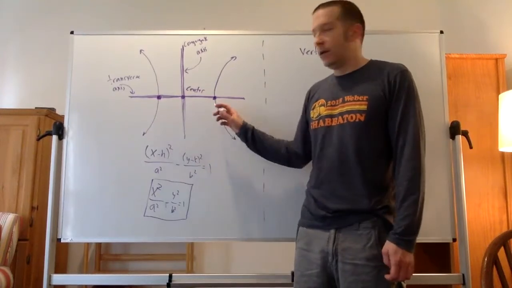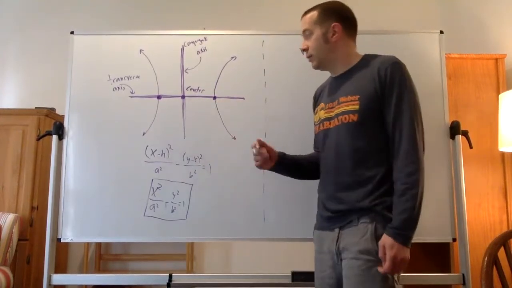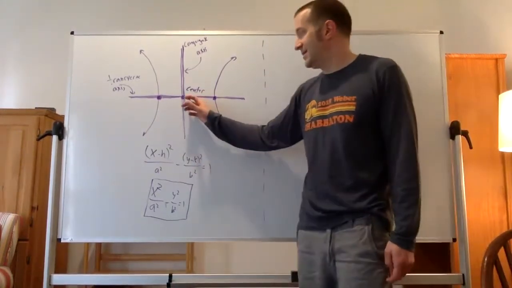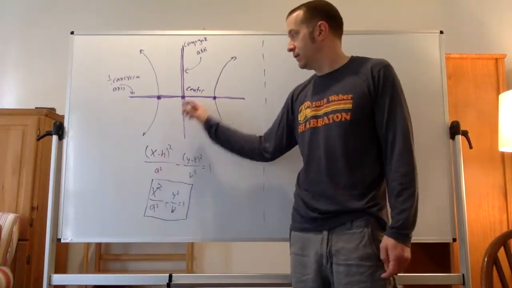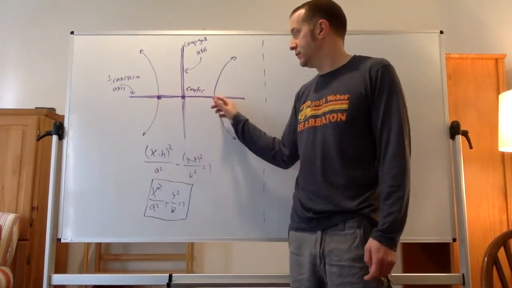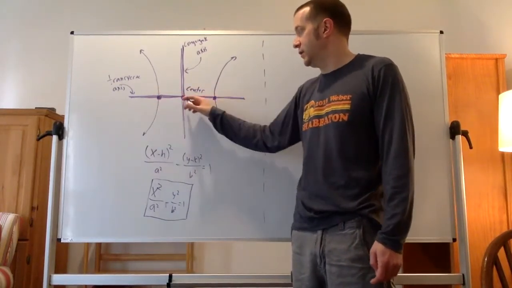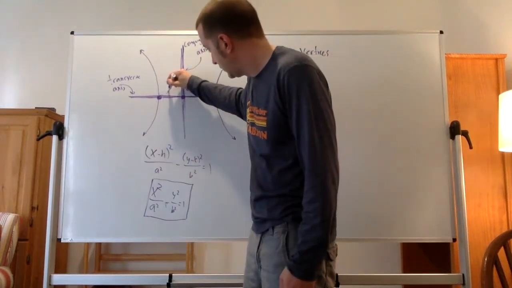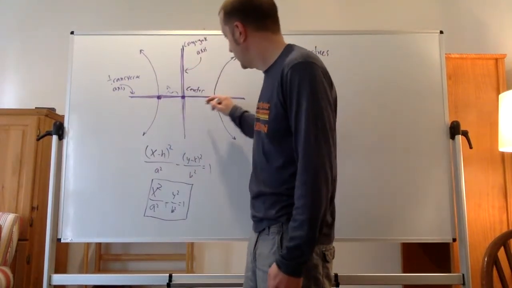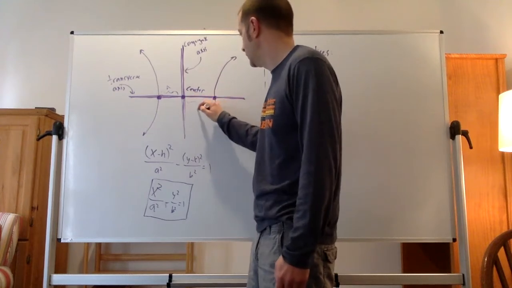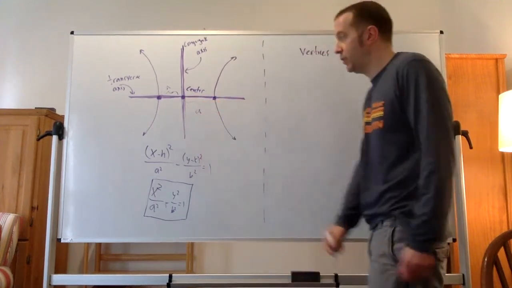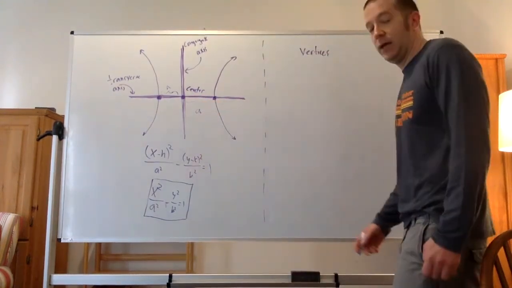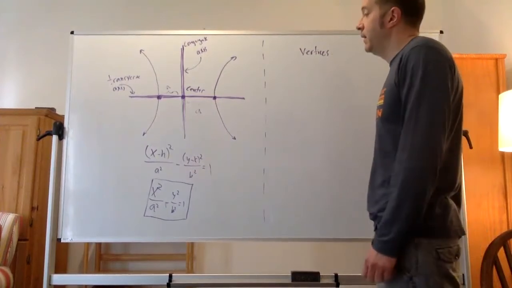And the way you find them is you go a distance a from the center along the transverse axis. So this distance right here is A, and this distance right here is A. My picture is imperfect, but you can forgive me for that.